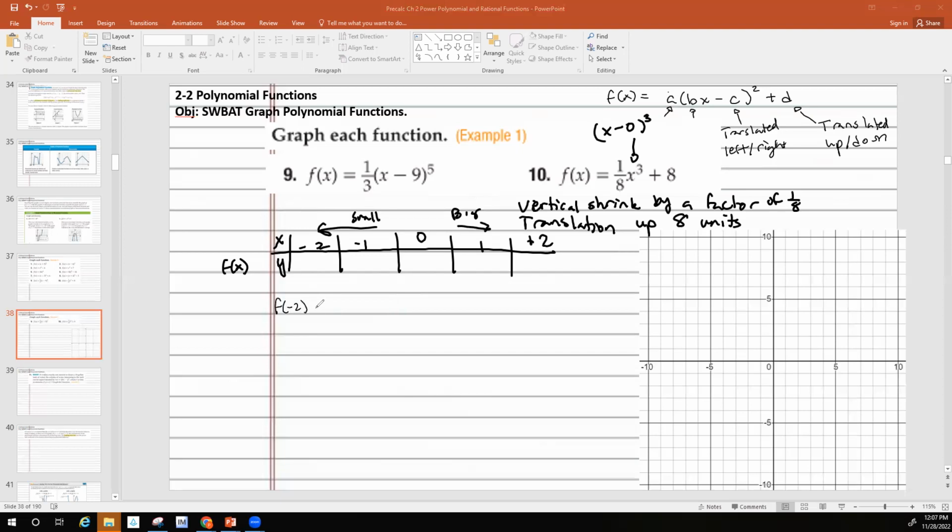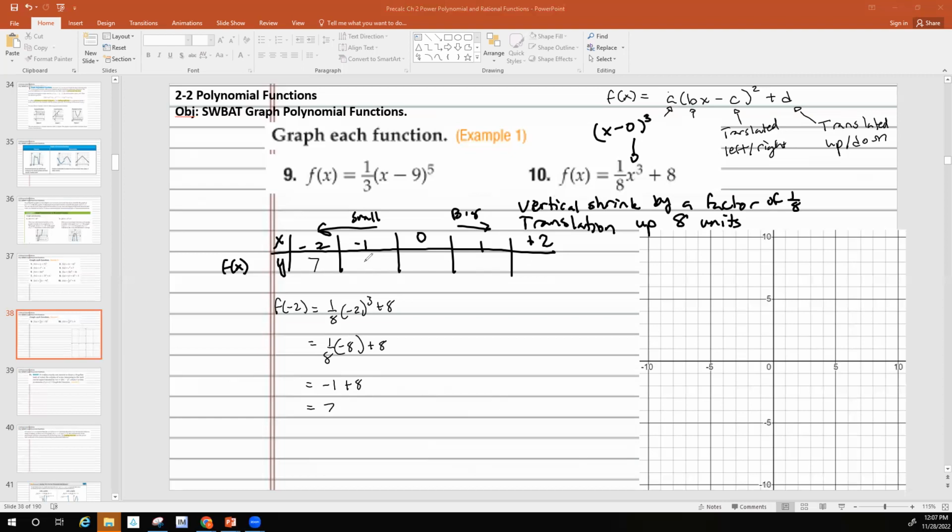So f(-2) equals 1/8 times -2 cubed plus 8. -2 cubed is -8. 1/8 of -8 is -8 divided by 8, which is -1, plus 8 is 7. So we have 7 there.